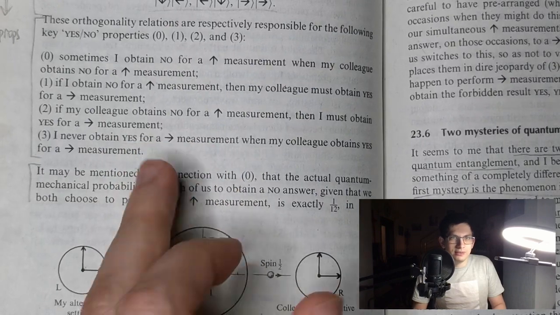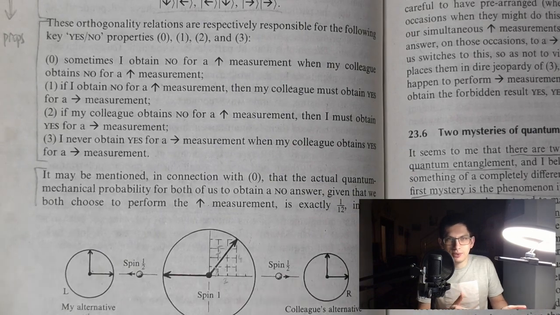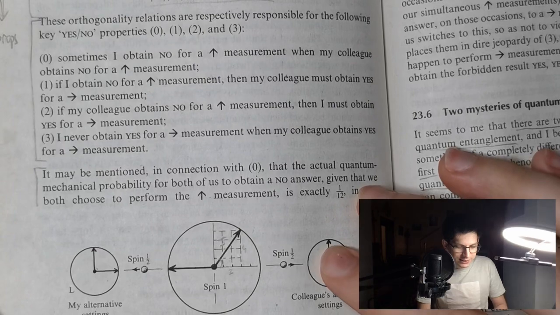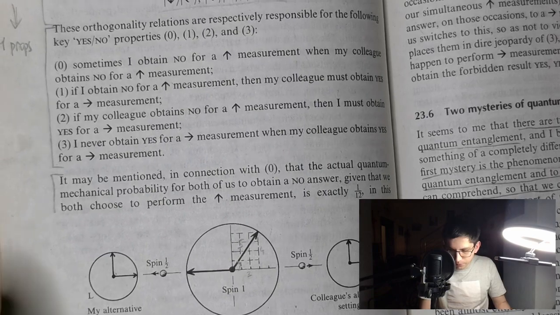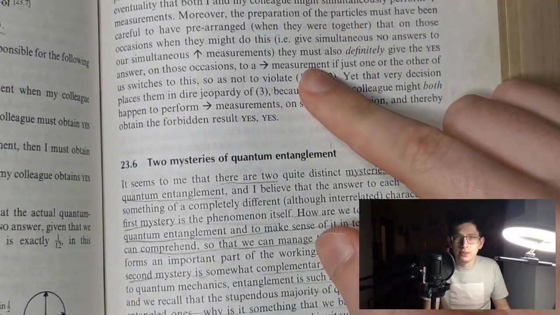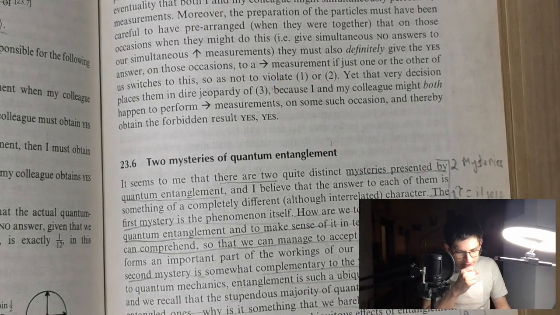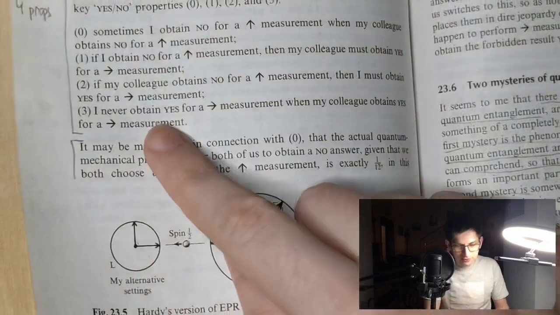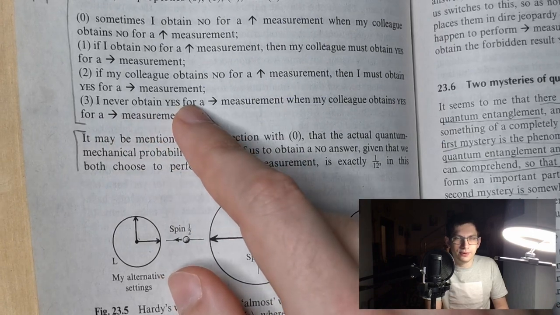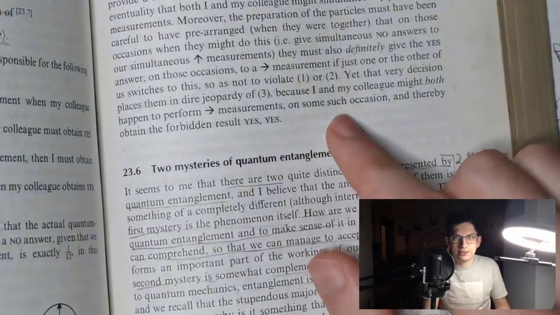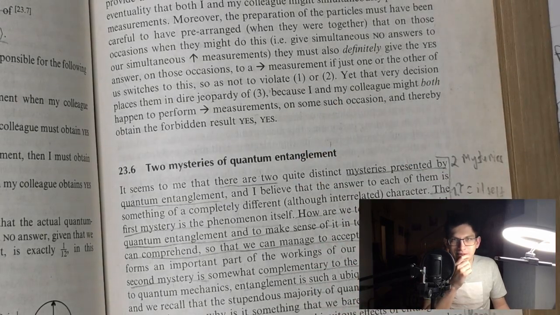But if those two experimenters decide to measure together with the right bases, and particles were prepared independently to return yes for the right measurement, the theory says that we should never obtain yes for the two right measurements. And classical theory says that there is a probability of having that.